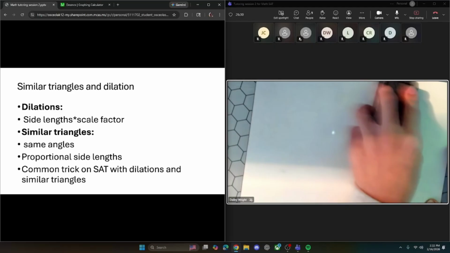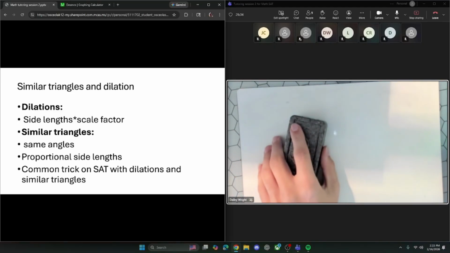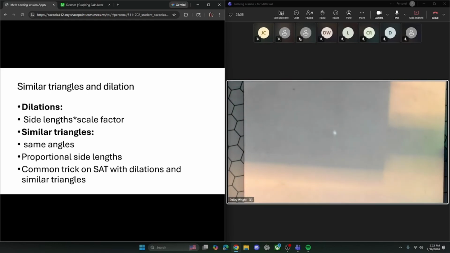Similar triangles, we talked about them a little bit earlier, but they're very important. Similar triangles, like I said, have the same angles. If you see two similar triangles, no matter what, you want to know that it is always the same angle measures. They also have proportional side lengths.